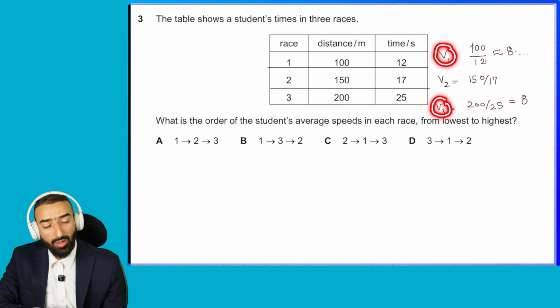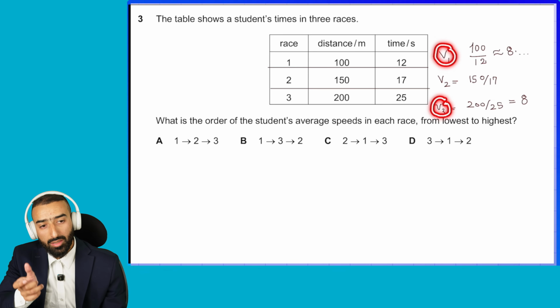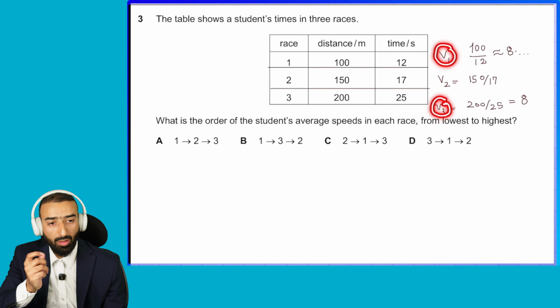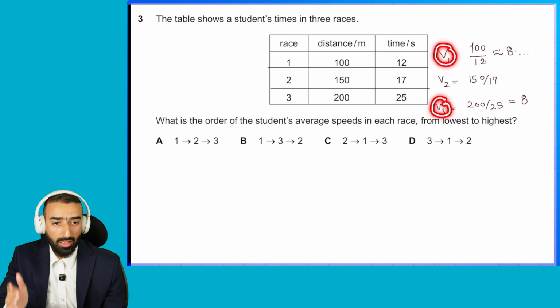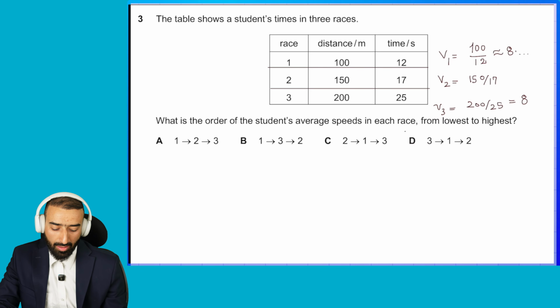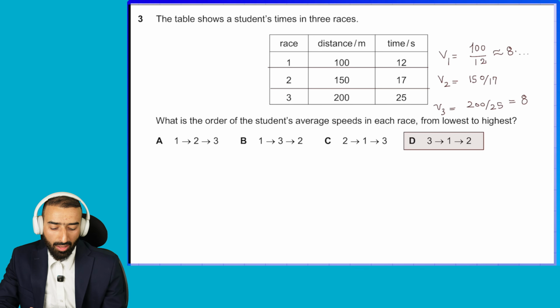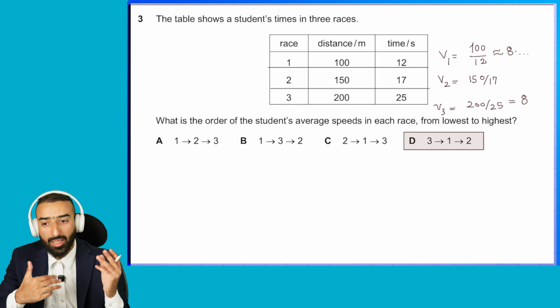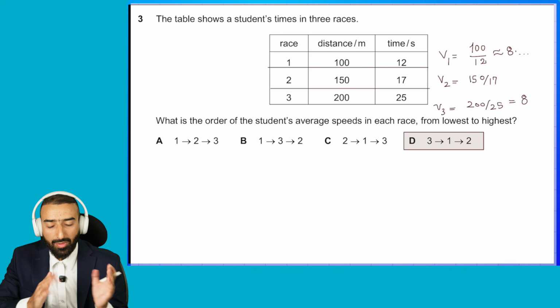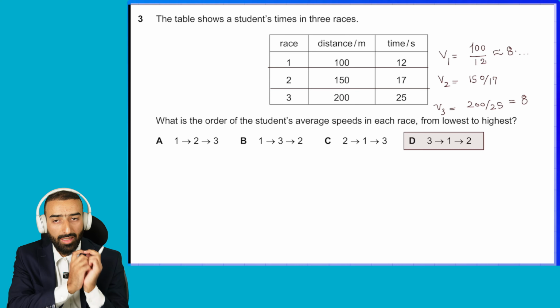So the third race should occur first in the ranking order. The only option that does that is option D. It's only in option D that the speed 3 is ranked before speed 1. So we didn't even have to calculate this. We just saved a couple of seconds by doing this trick. Great. Let's move on to the next problem.